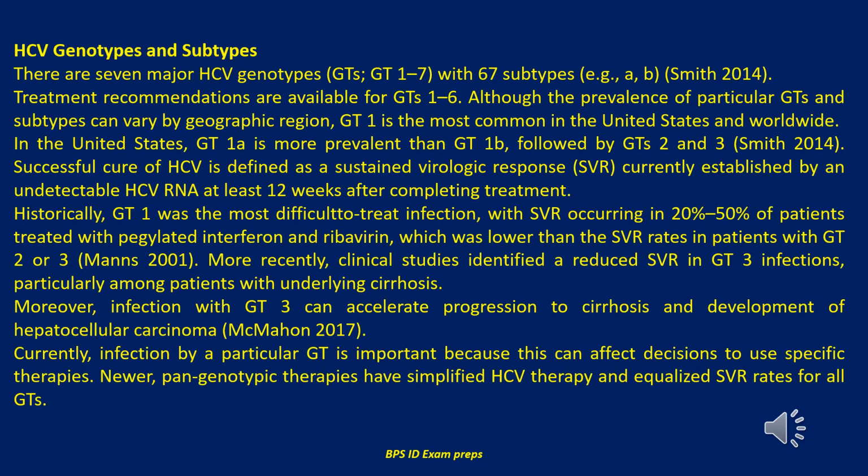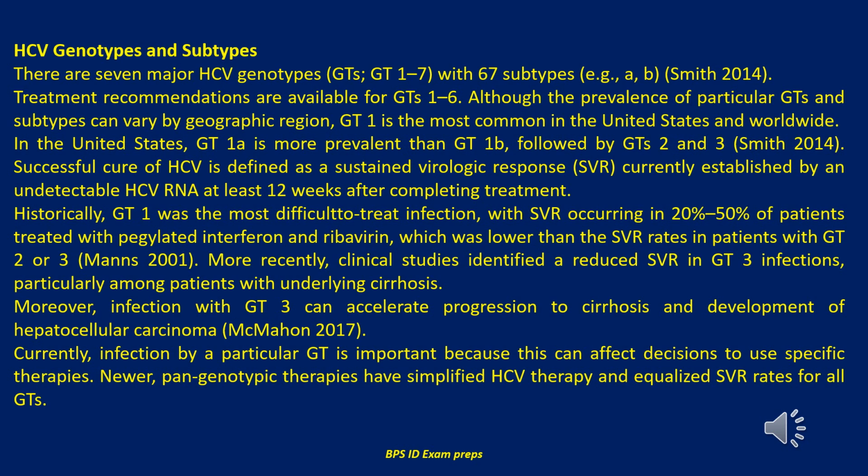More recently, clinical studies identified a reduced SVR in genotype 3 infections, particularly among patients with underlying cirrhosis. Moreover, infection with genotype 3 can accelerate progression to cirrhosis and development of hepatocellular carcinoma, according to McMahon 2017.